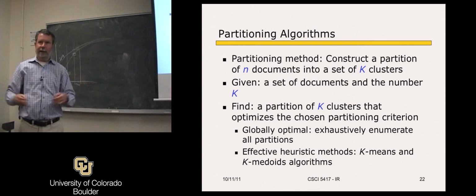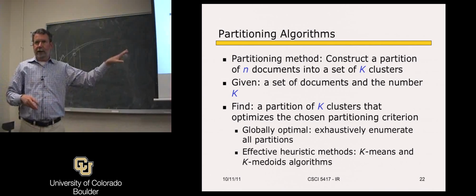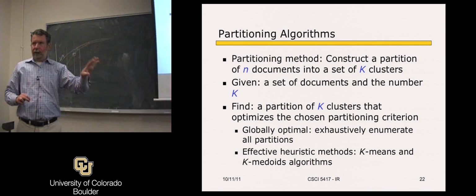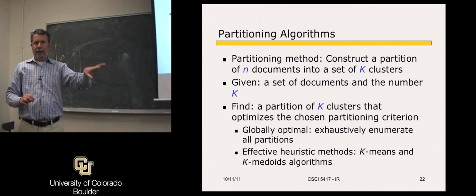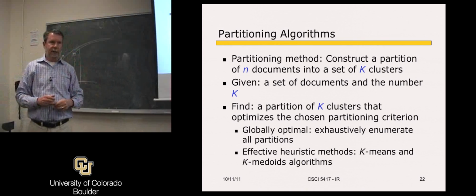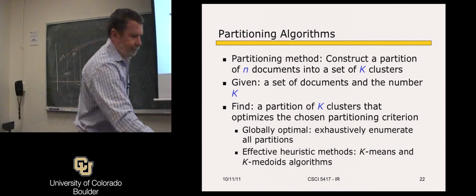Right? So that's not the kind of algorithm we're going to do. Almost all these algorithms have some kind of really stupid, greedy structure to them that is going to say, here's something, let's see if we can fix it, and move on from there, but we're not searching through the space of all possible clusters. All right.